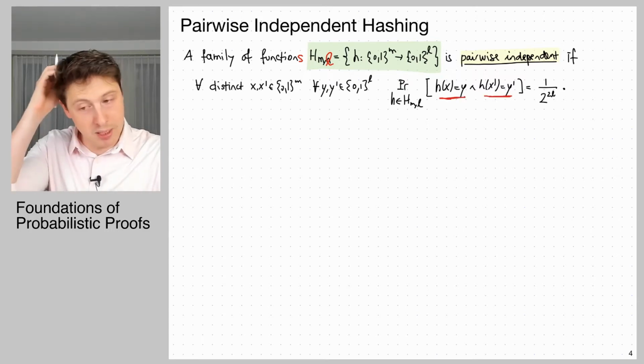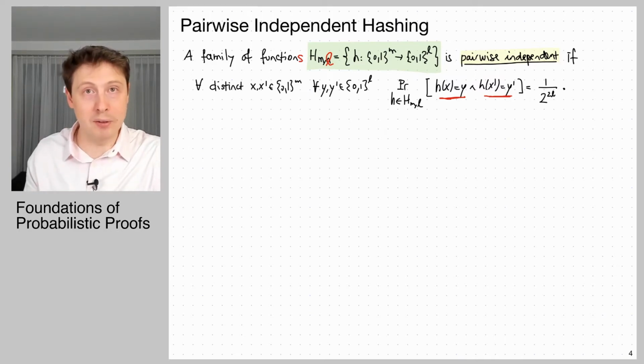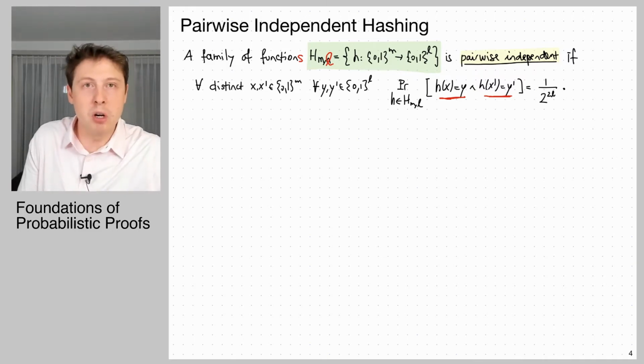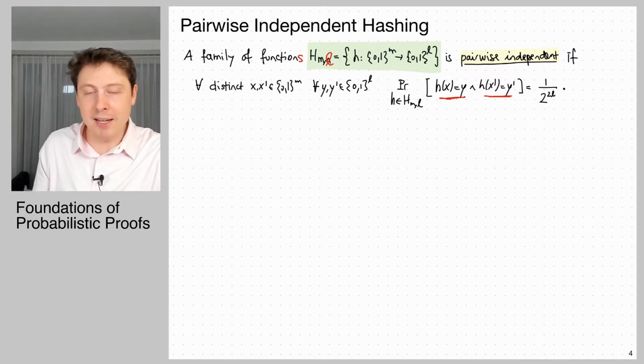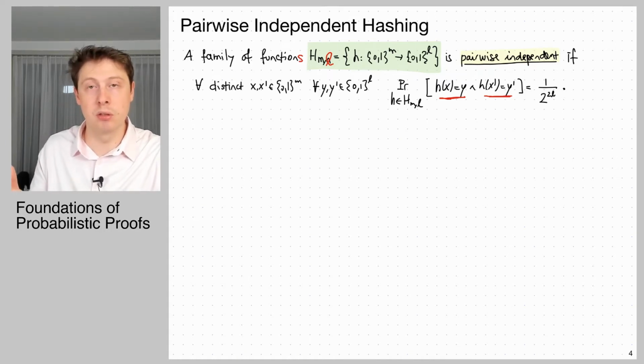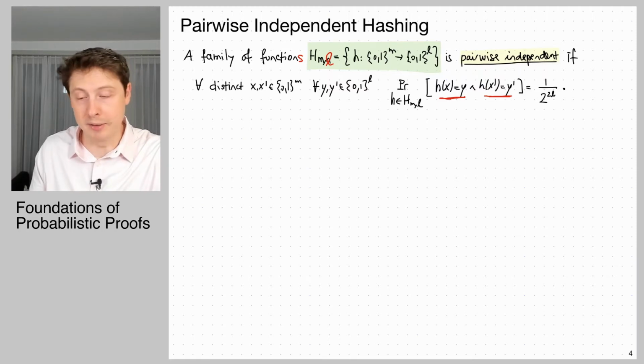Now, if this function was completely random, because you are mapping two distinct inputs, the probability that h of x is y would be 1 over 2 to the L, and also h of x prime equals some other y prime is also 1 over 2 to the L. And these are independent events, so you would get 1 over 2 to the 2L.